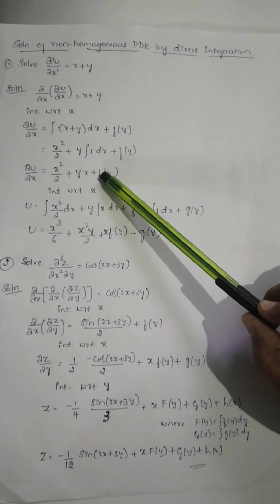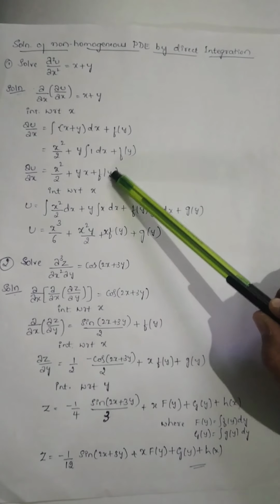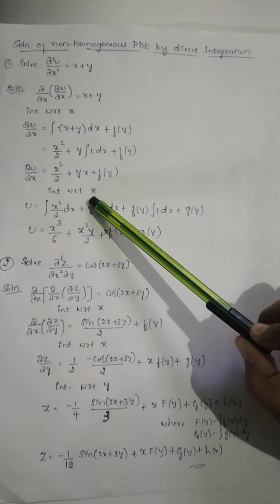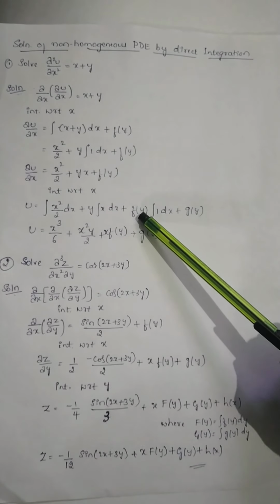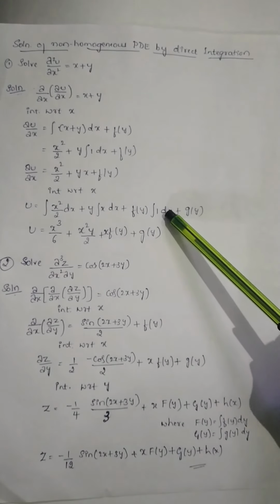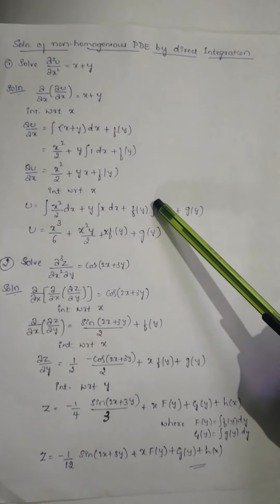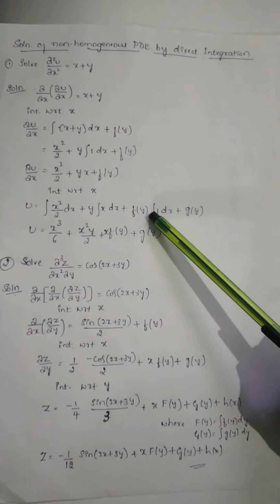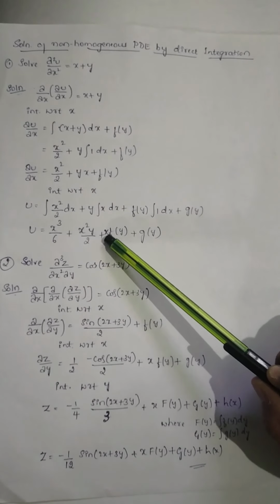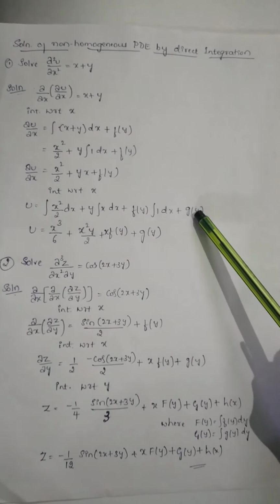And the third term is f of y, an arbitrary function of y, that is to be integrated with respect to x. So f of y is a constant, so we write it outside, and the answer of integration of 1 dx is x. So the answer for the third term will be f of y into x, plus integration constant c2.